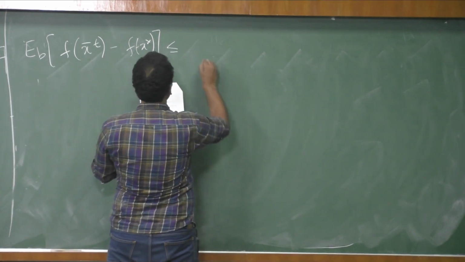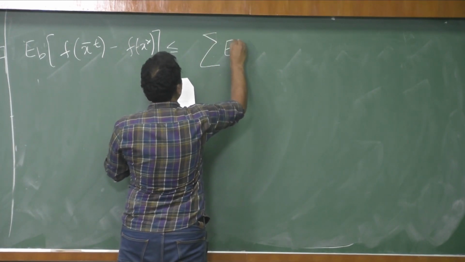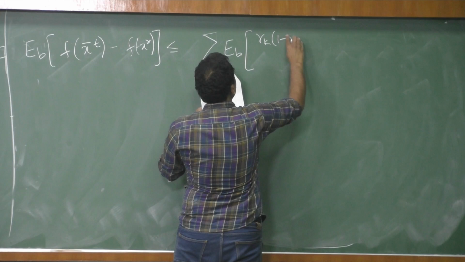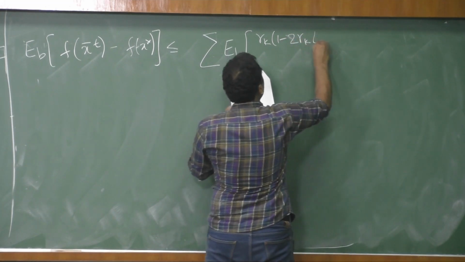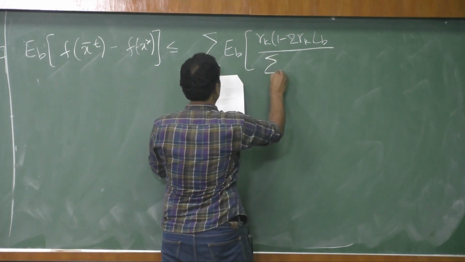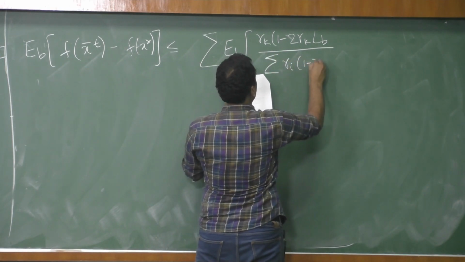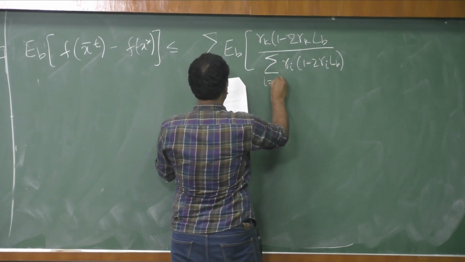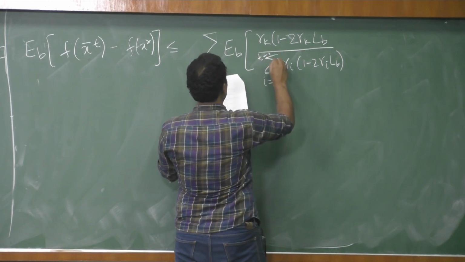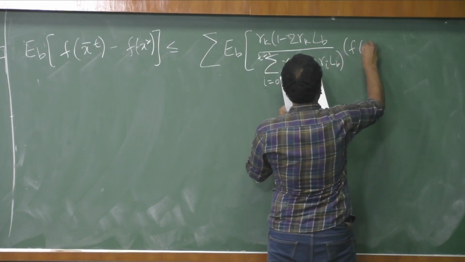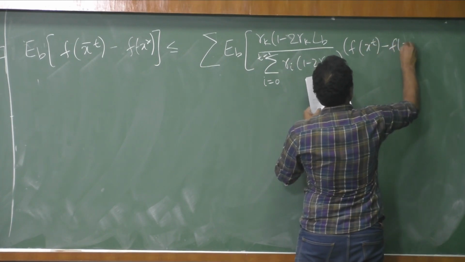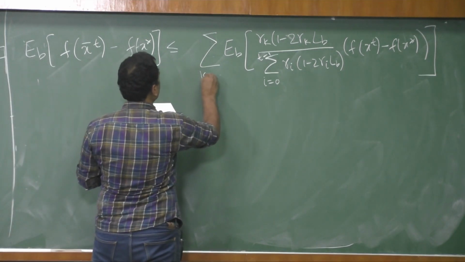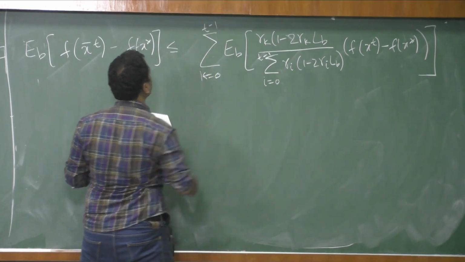So this is less than or equal to E_B of the sum over k equals 0 to t minus 1 of gamma_k (1 minus 2 gamma_k L_B) divided by the sum of gamma_i (1 minus 2 gamma_i L_B), i equals 0 to t minus 1, times (f(x_k) minus f(x star)).